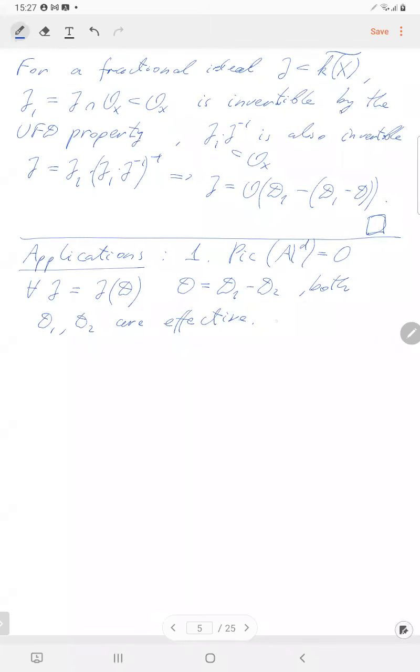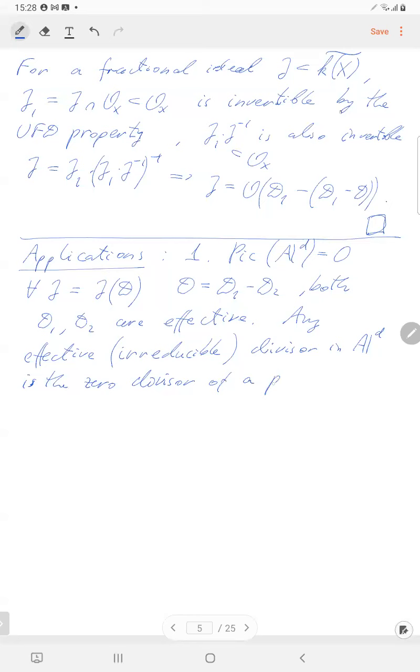But then we know that any effective divisor, maybe let's say irreducible to be on the safe side, in the affine space is the zero divisor of a polynomial, a regular function on this space.